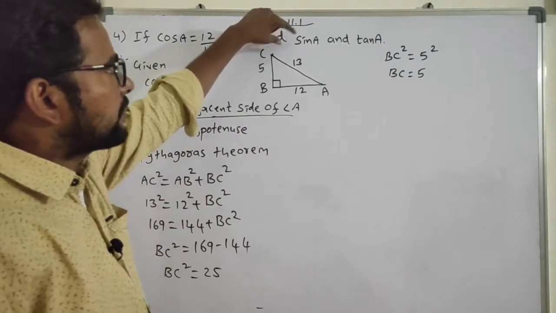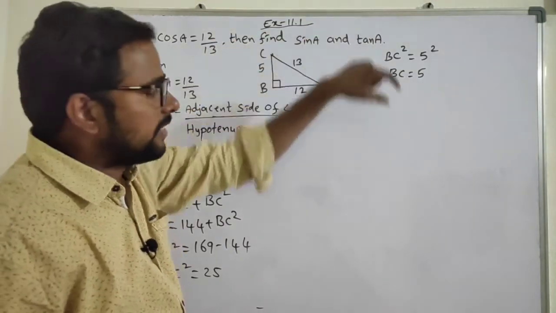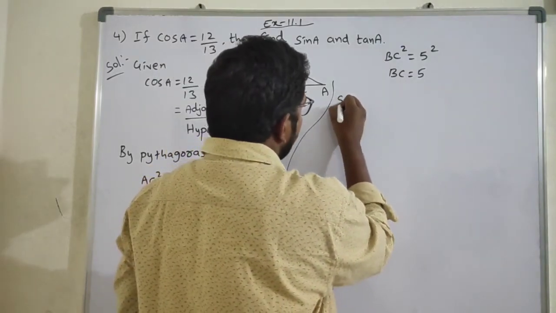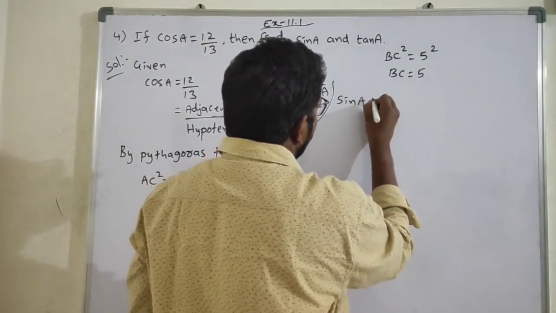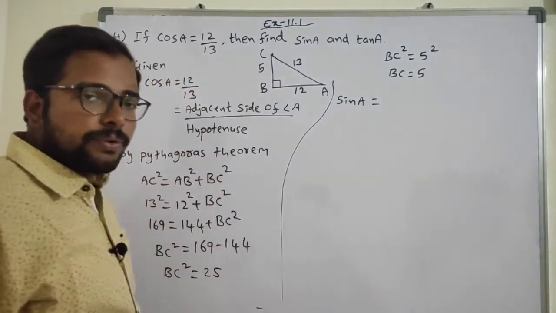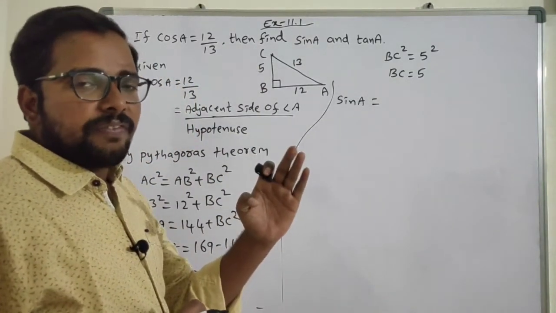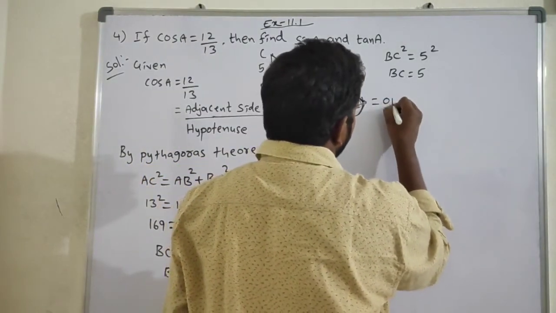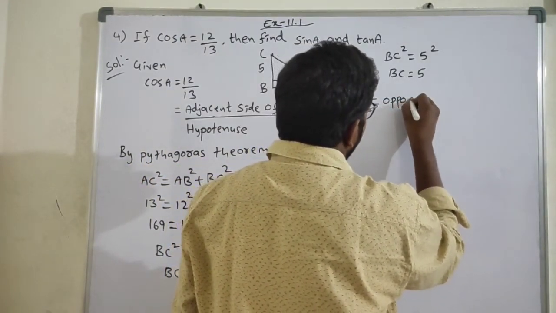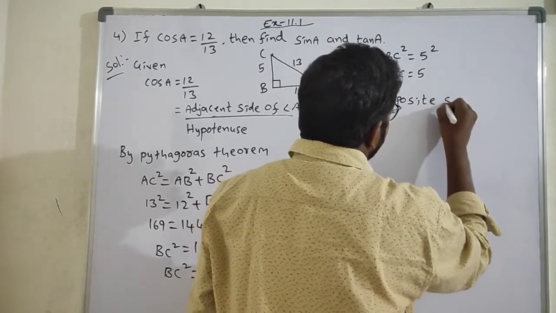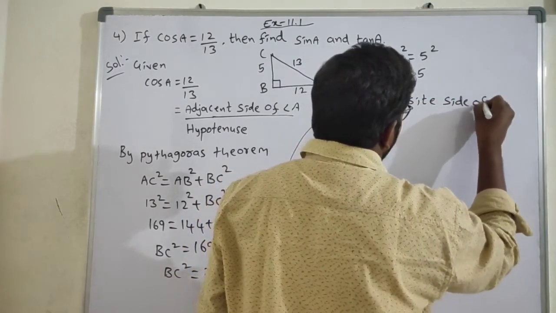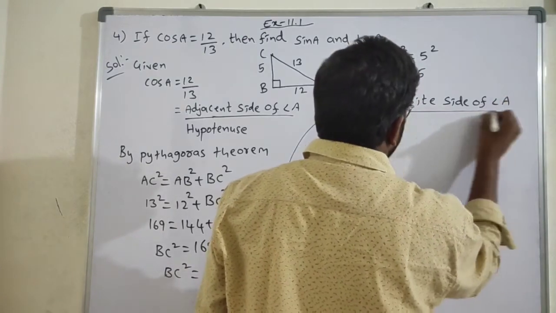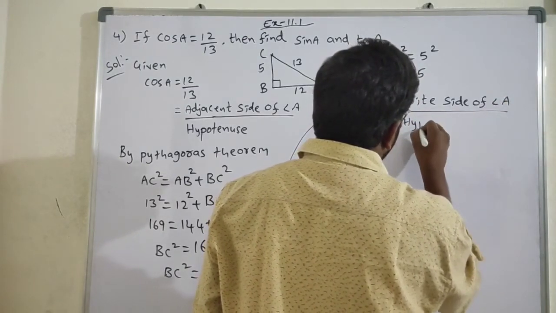What we have to find? We have to find sin A and tan A. Let us find sin A first. What is the sin ratio? Opposite side of angle A by hypotenuse. What is the opposite side of angle A?